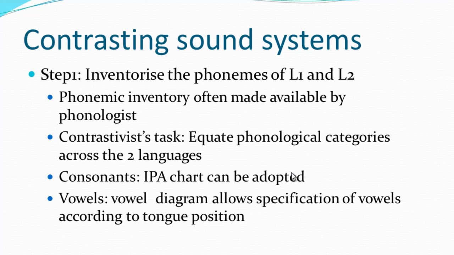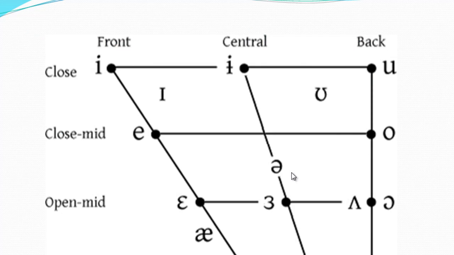So R, E, U, and R are the four corners. Like this. So we have front, back, close, open to describe the position or the place of articulation for vowels.